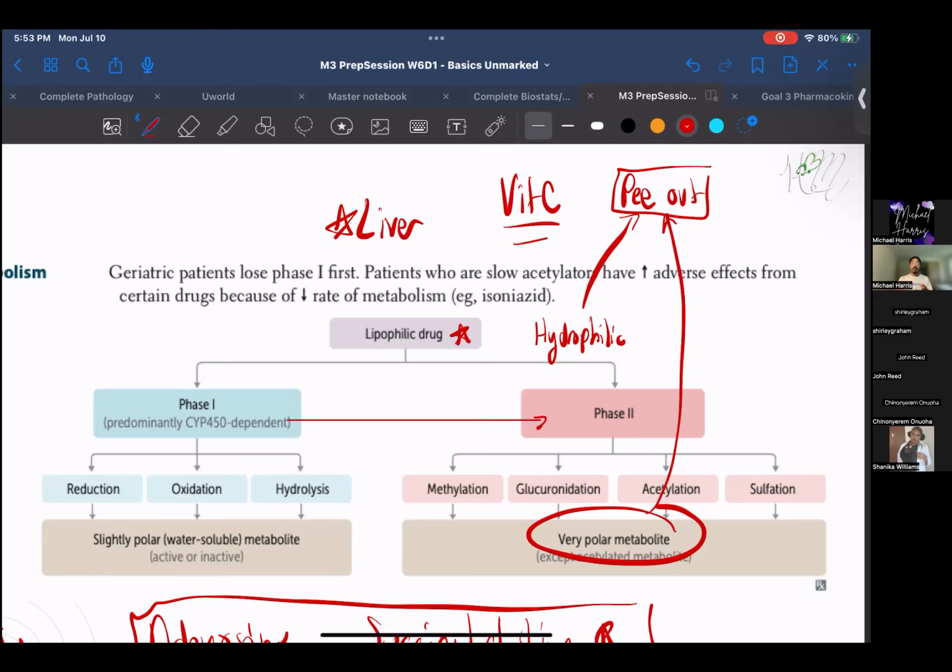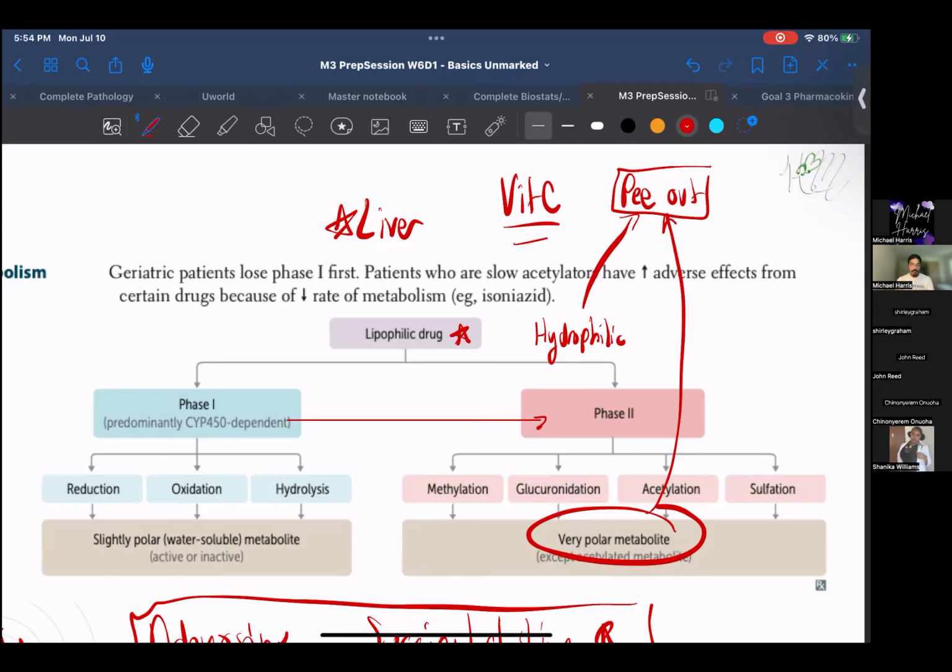Okay? You added on an additional step with lipophilic drugs because essentially you can't pee them out. You cannot pee out lipophilic things because they would easily just reabsorb back into the cells. So we need to make them water loving or hydrophilic before we can pee them out.